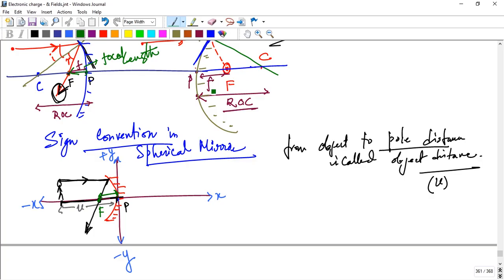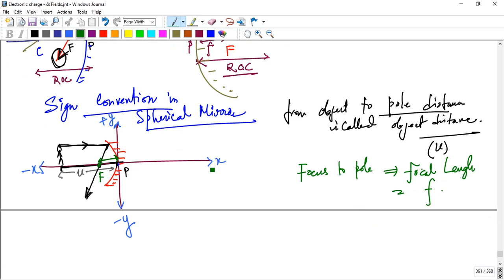F represents the focal length, so the distance from the focus to the pole is called the focal length, represented by small f.